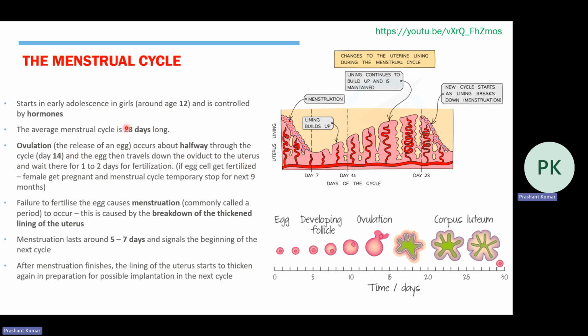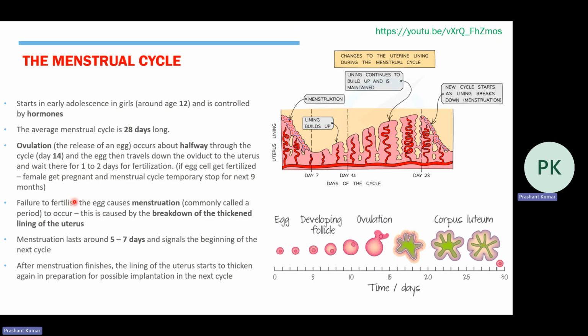If the cycle is 28 days, the egg is produced in the middle of the cycle, that is on day 14. Once the egg is produced, it travels down the oviduct, also called the fallopian tube, where the egg is temporarily stored.